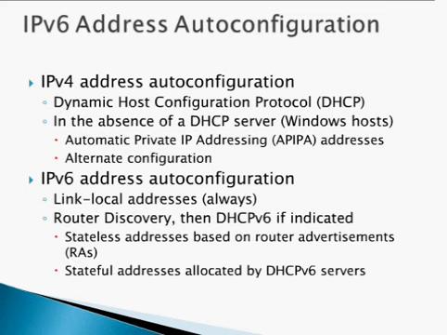Once we've got a link local address, then we perform a process called router discovery, where we query the local subnet to see if there are any routers on that subnet and what information they have to offer us in terms of addressing and configuration.